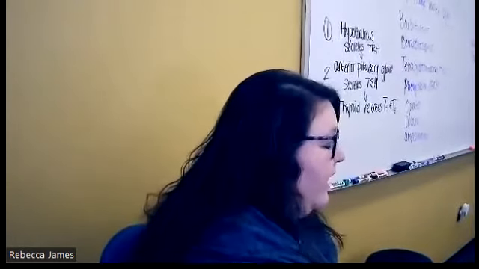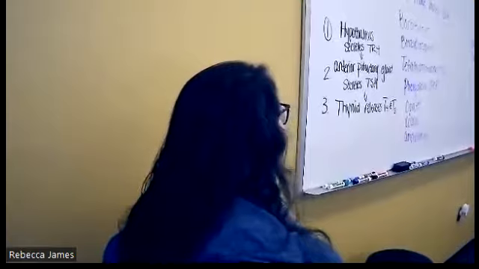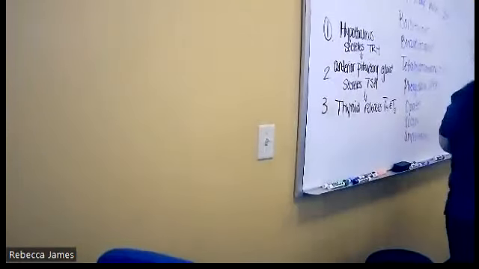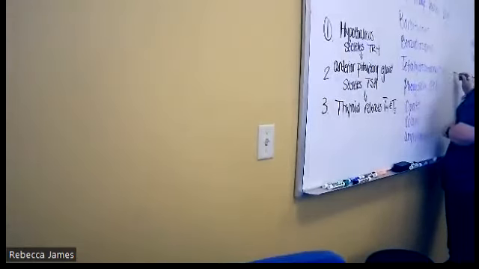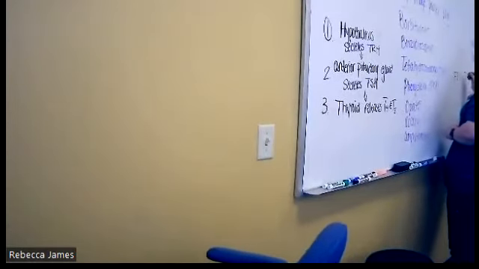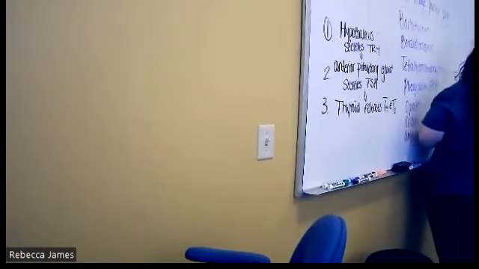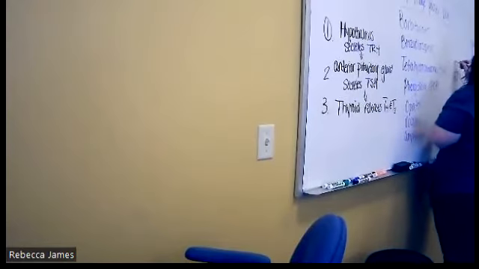I want you to write, it's not in your book, but out to the side, it's called an FTI calculation, which is free thyroxine index. So this is your index.